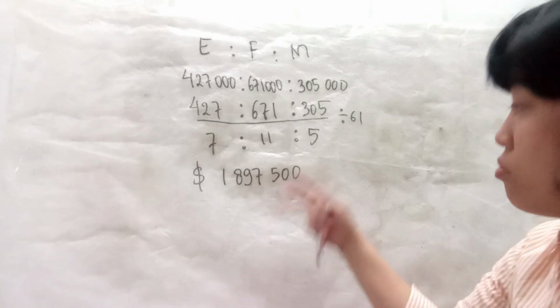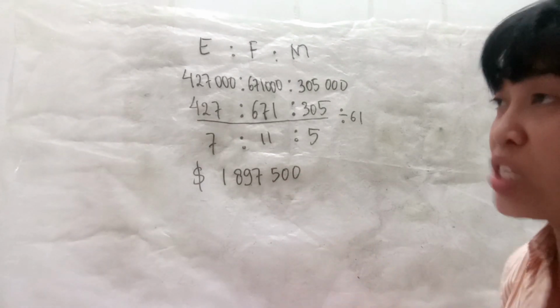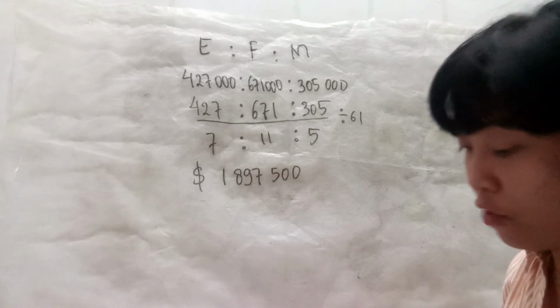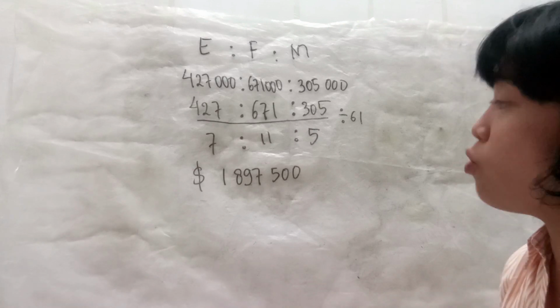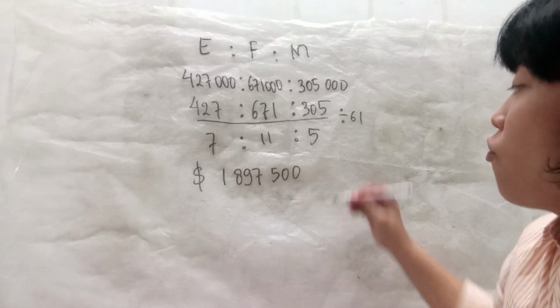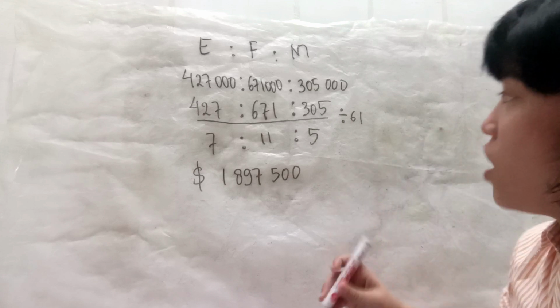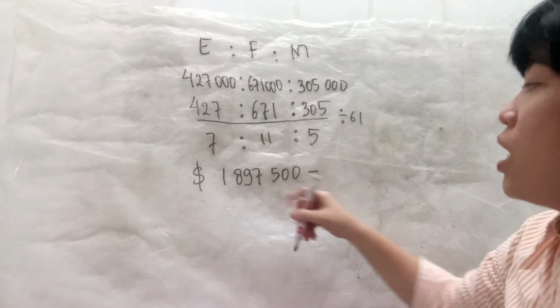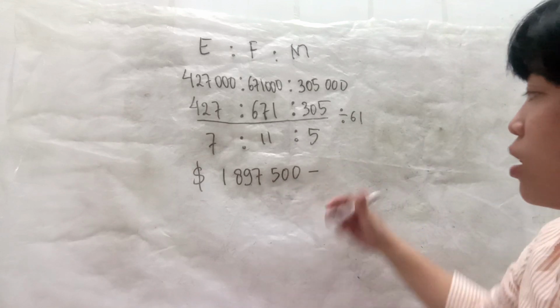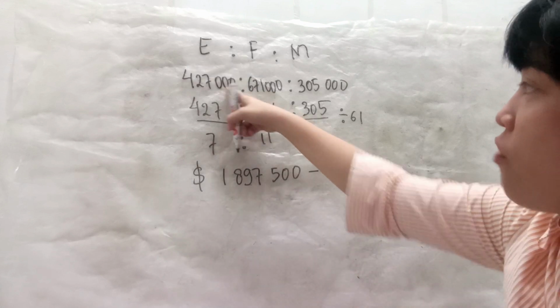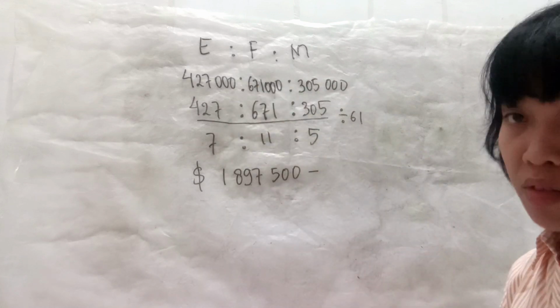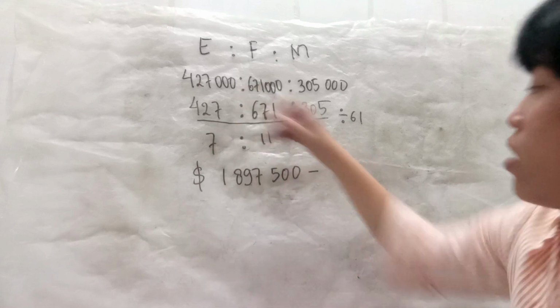So this is the amount of money after they sold the property, and then we want to find the profit. If we want to find the profit, we must minus the amount of money after they sold it with their investment. We want to find the profit, right?